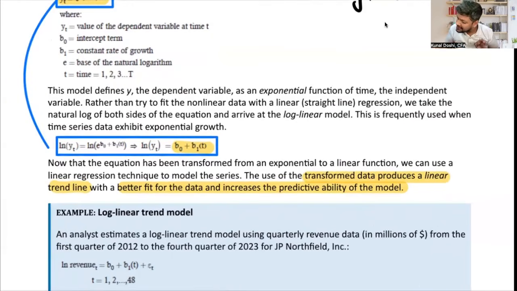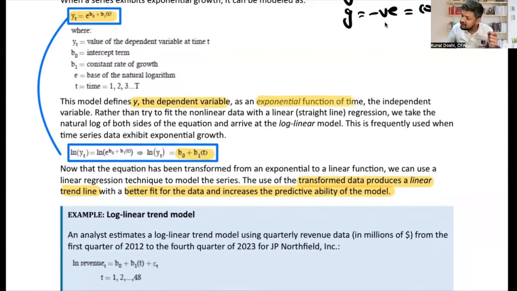So the model now defines y, the dependent variable, as an exponential function of time, correct? I'll repeat: the model defines y, the dependent variable, as an exponential function of time, the independent variable.